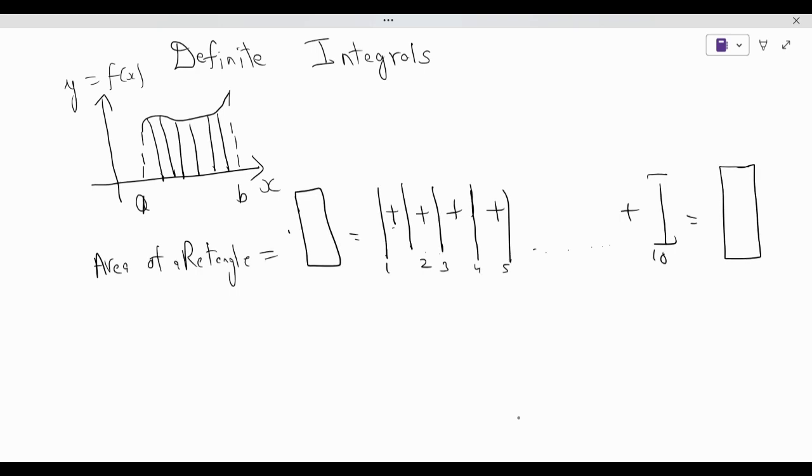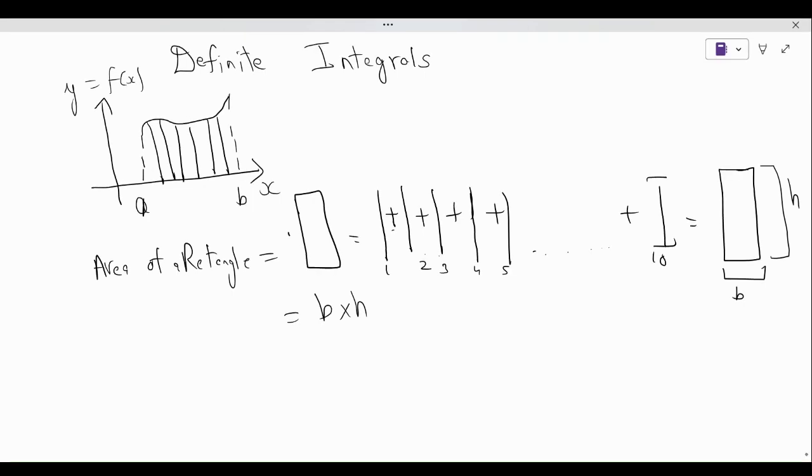This end is called the breadth and this length is called the height. So the area of a rectangle is base into height. Now we will come to the curve. I'm going to draw a new curve because this will become congested.